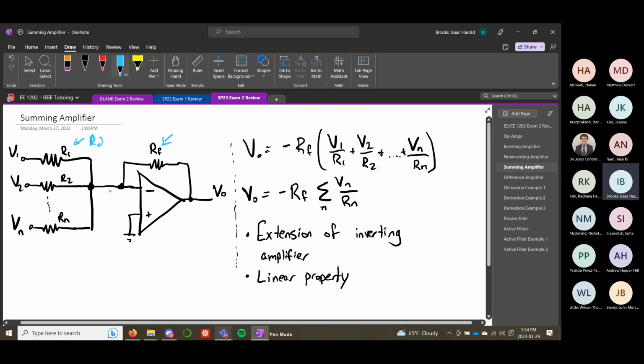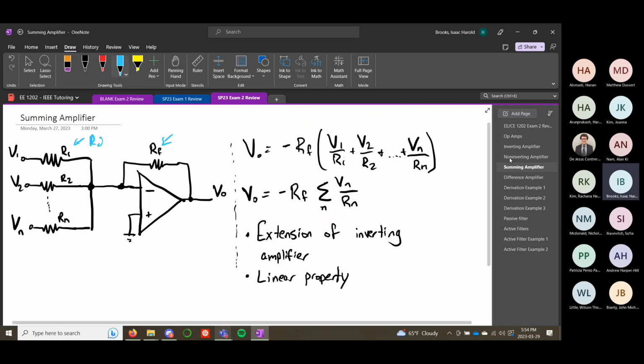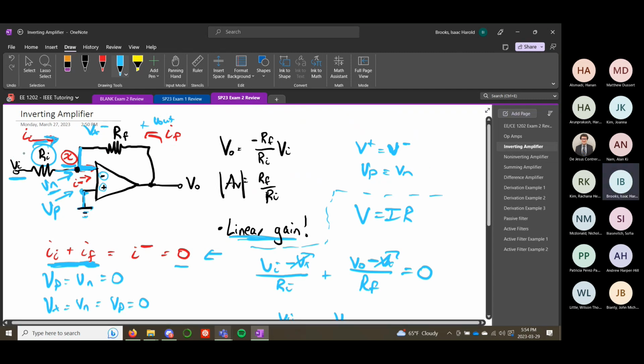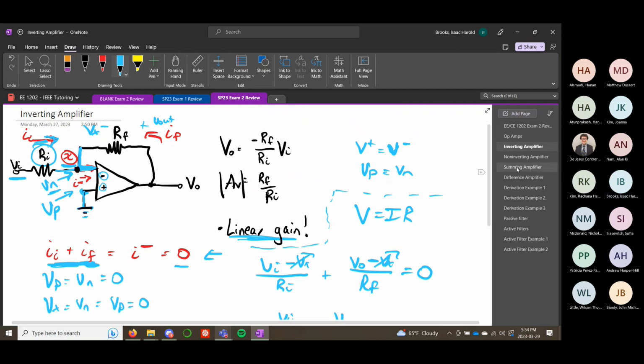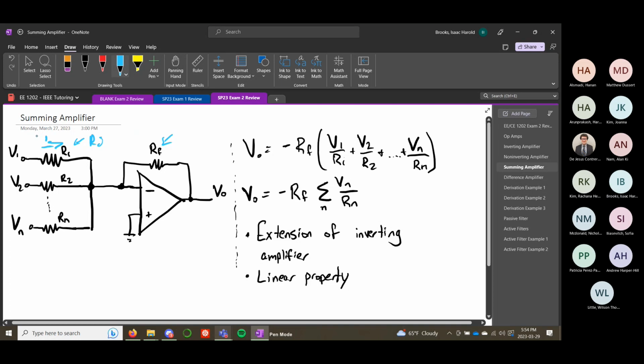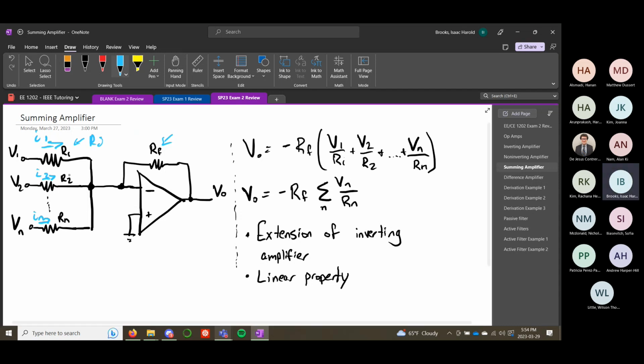The summing amplifier derivation is going to be the same as for the inverting amplifier. For the inverting amplifier, we had this I in, which was V in over R in. If we apply that same principle here, we would have I1, I2, up to IN.